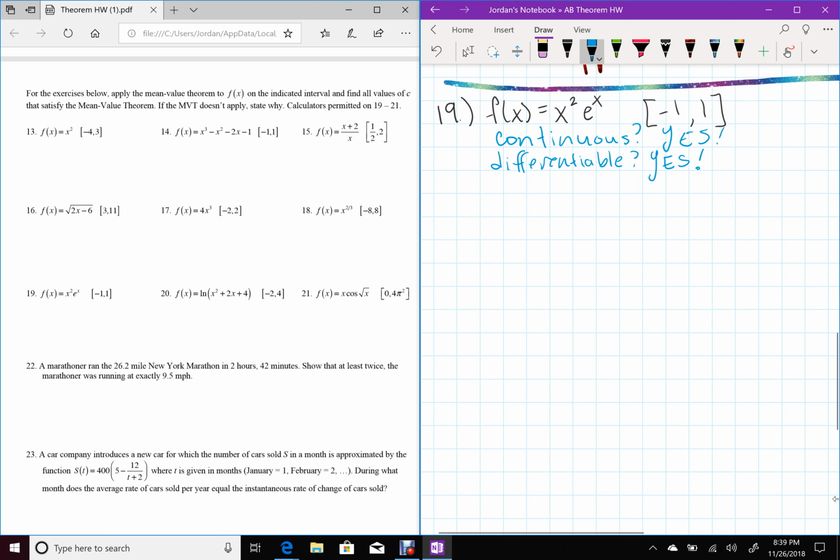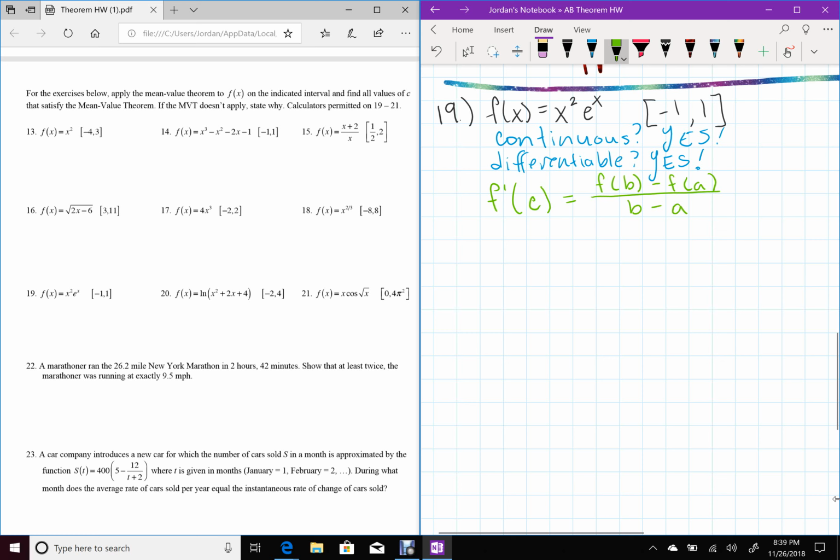So if we take the product of them, we're still going to be differentiable. Now that we have both our continuity and differentiability confirmed, we can say that there is some value of C for which the instantaneous rate of change is equal to the average rate of change, which we use our calculus slope form for, okay?